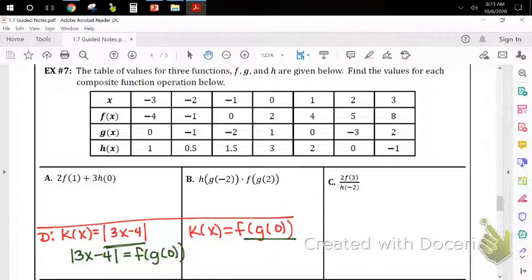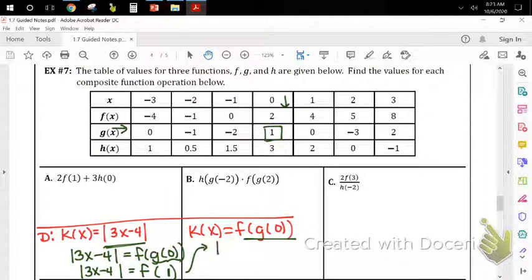So the first thing we need to do is work on that f of g of 0. So I'm going to keep my absolute value of 3x minus 4. And I know I'm looking for f of, let's go find what g of 0 is. So it's g of 0, which is 1. So we're looking for f of 1 there.